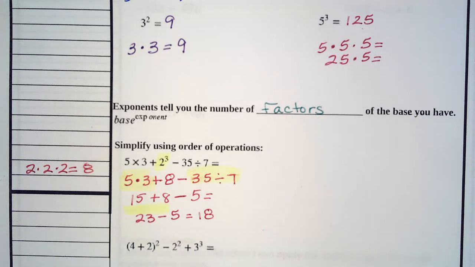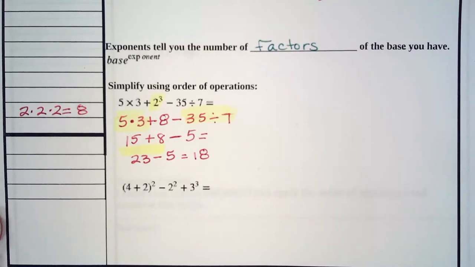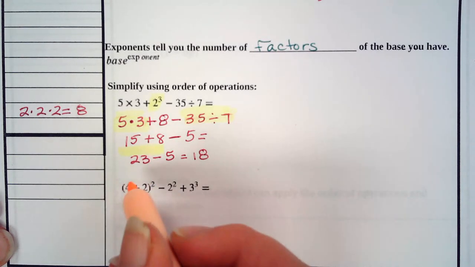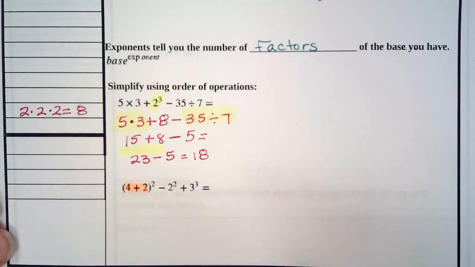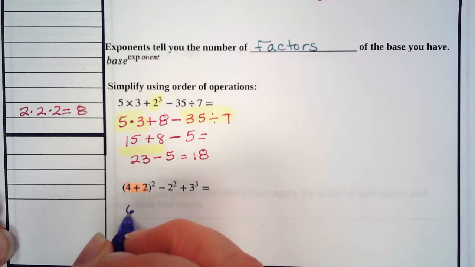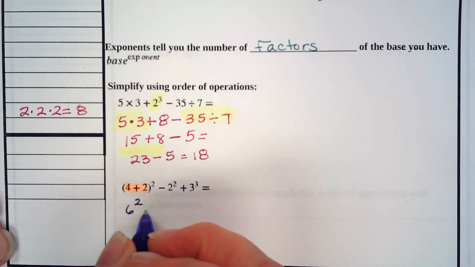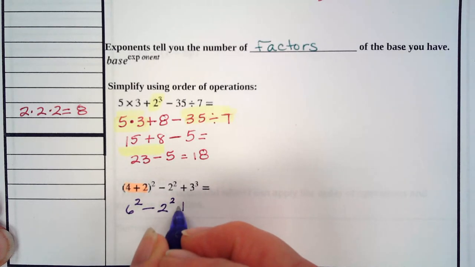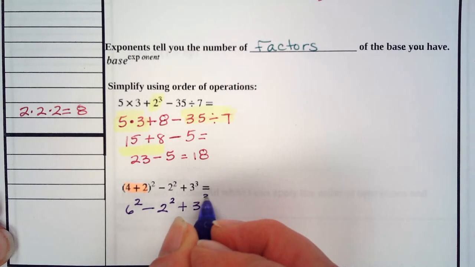Okay. For the next one, what do we do first? P stands for parentheses. So we have to do what's in parentheses first. So this is 6 raised to the second power minus 2 raised to the second power plus 3 raised to the third power.